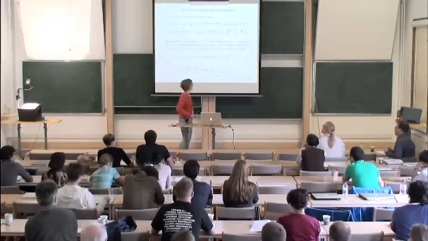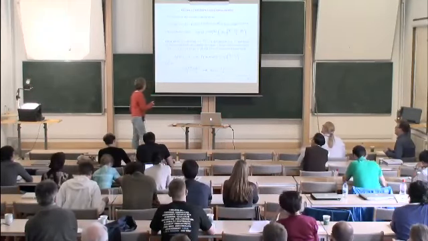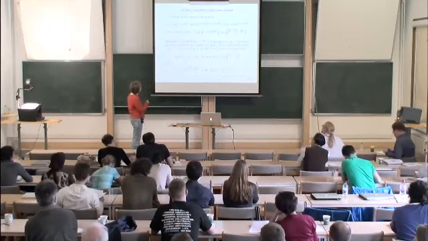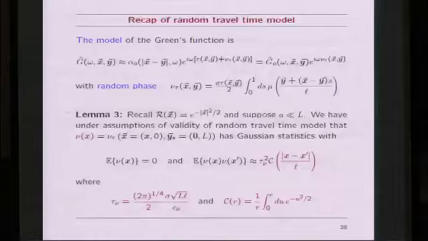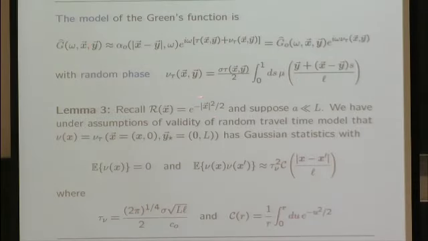Okay, so this is just a recap. We have the random travel time model. These are the random fluctuations. Here you see that this is for general points, of course. But under our geometry assumption, we have the unknown source, which sits on the range axis with these coordinates, and we need this Green's function at the receivers, which live on the plane of 0 range.